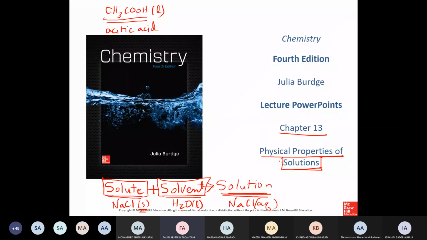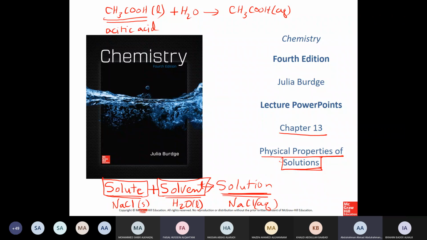Acetic acid, which is al-khal. Can we dissolve this in water? It is dissolved in water, and what you have at home is CH3COOH dissolved in water, and it is aqueous.